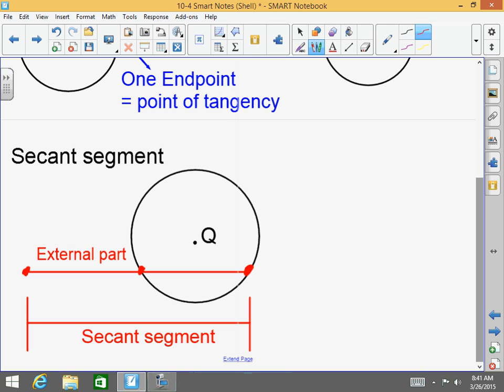The whole entire segment is called a secant segment. The external part, literally, is called the external part. This may seem very kind of stupid, guys, but it's very, very important that you know the nuances of this. There are differences.